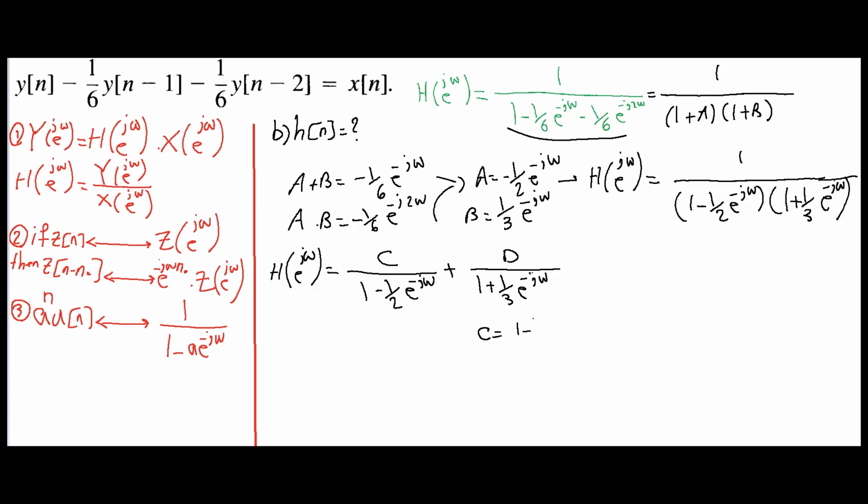To find the coefficients, we multiply H(e^{jω}) by each denominator in turn and substitute the corresponding root of the denominator.